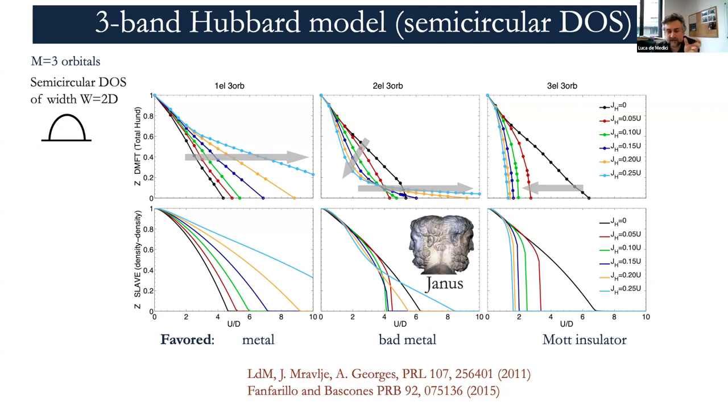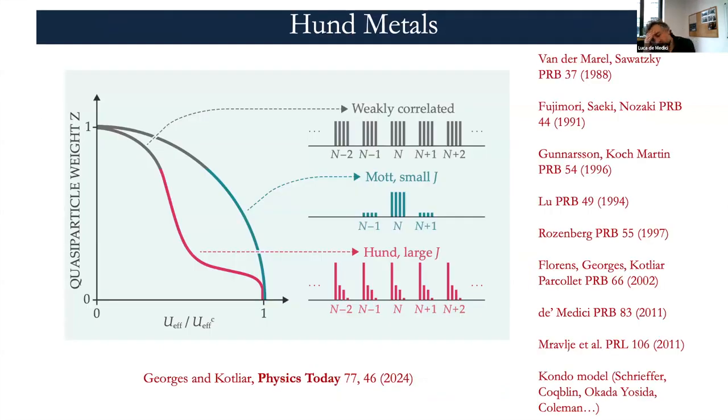So these two fighting effects, we call them with the nickname of the Roman god Janus, who had two faces looking in opposite directions. Now there is a very nice review from Antoine and Gabi that just came out in Physics Today, which finally defines the Hund metal, both by this typical plateau, where you have low coherence and strong correlations for a quite extended range of interactions, and by the fact that the different charge multiplets are visited, so there are a lot of charge fluctuations, but in each multiplet the high spin state dominates.